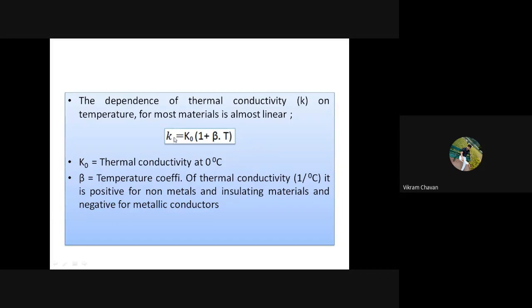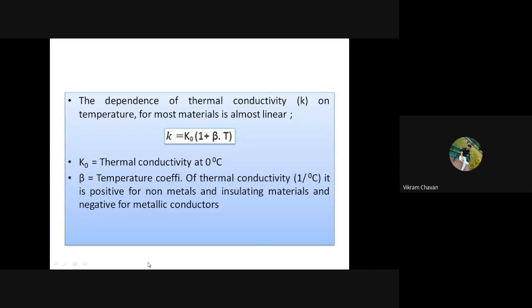Okay, and for that purpose it is required to have the thermal conductivity at 0 degree Celsius and the temperature coefficient of thermal conductivity, that is the beta. Beta's unit is inverse of degree Celsius.